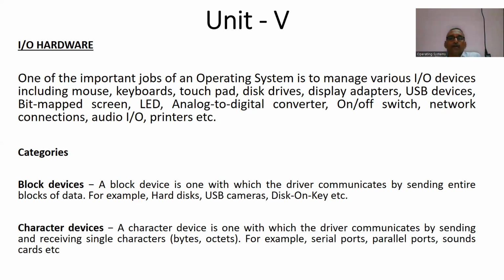For example, hard disk, USB cameras, disk on key, etc. A character device is one with which the driver communicates by sending and receiving single characters. For example, serial ports, parallel ports, sound cards, and etc.